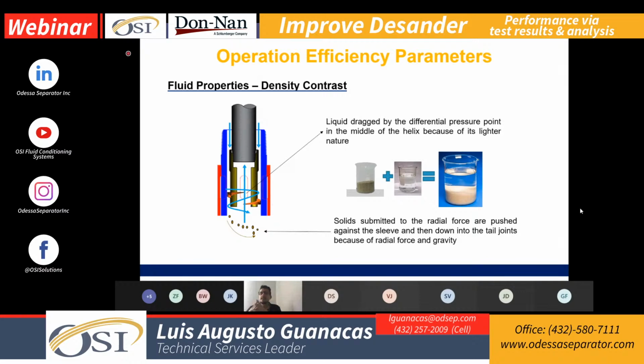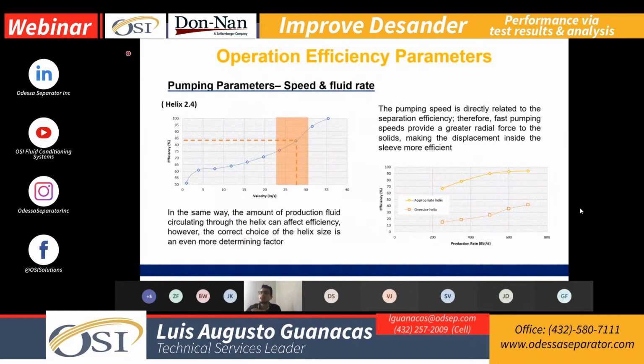Finally, this is another parameter that you can control, which is the pumping parameters. They play an important role in this matter too, and that's what we found. If you take a look at the graphic on the left, you will see the speed of the pump, the velocity.